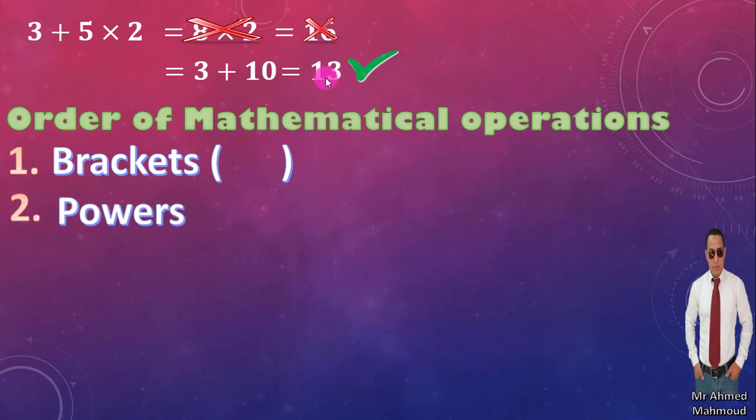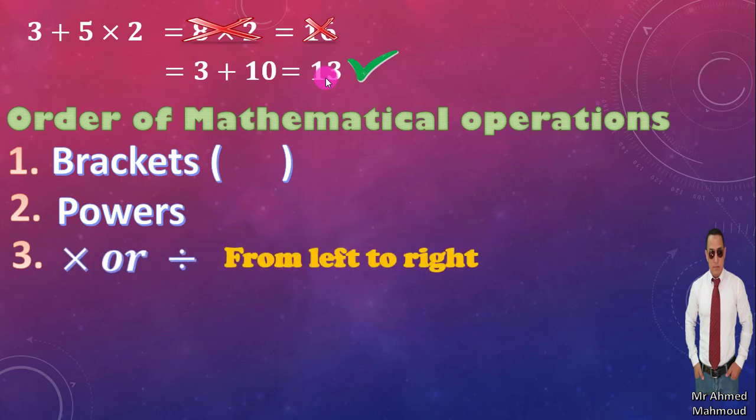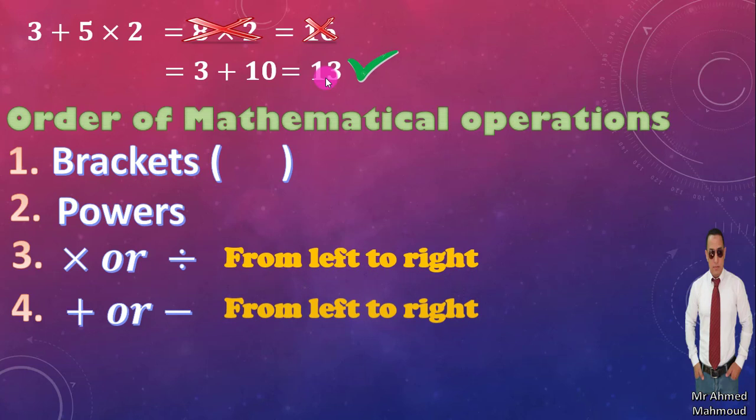Again, step number 2, evaluate the powers. Step number 3, we are going to evaluate times or divide, but from left to right. Again, times or divide from left to right. Step number 4, evaluate plus or minus from left to right.